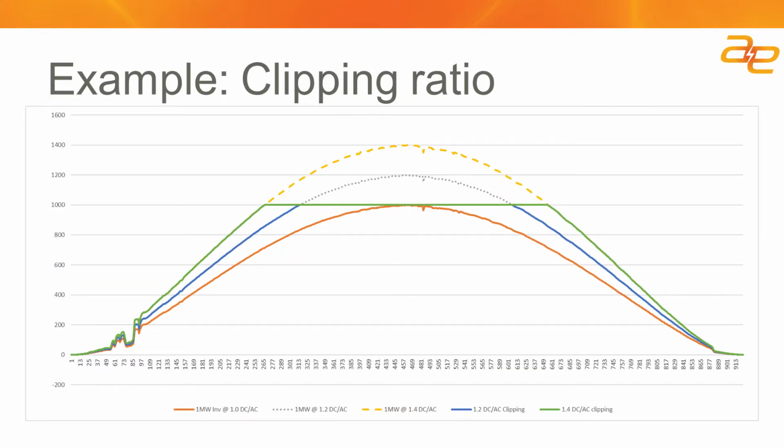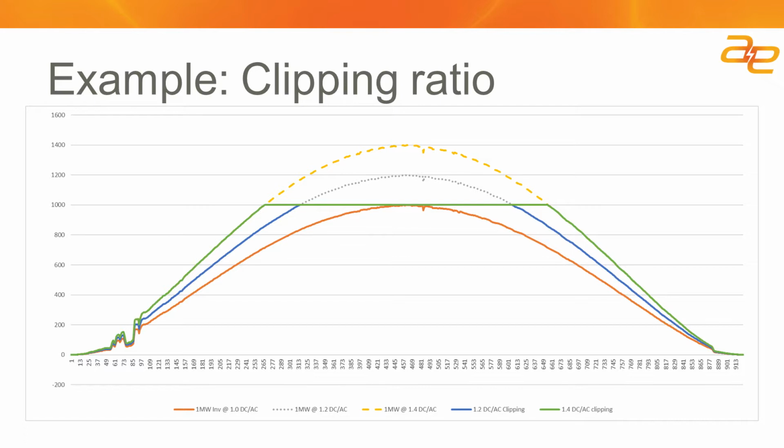So if I look at what the output of 3 different inverters would look like, I've got an orange curve that shows a 1-to-1 DC-AC ratio, a blue line that shows a 1.2, and a green line that shows a 1.4. And then I show above the flat surface what the irradiance would be for that different DC-AC ratio.